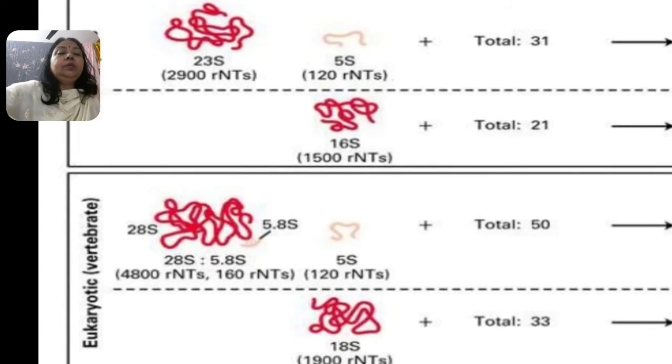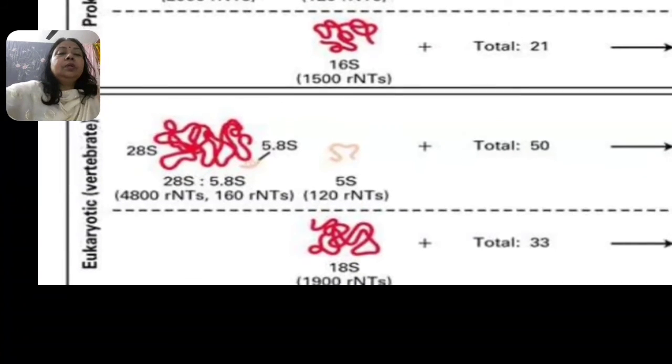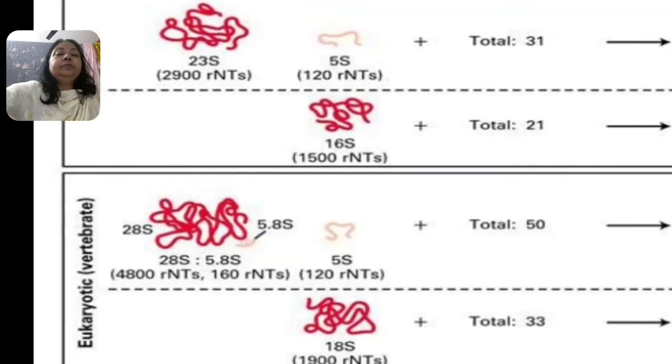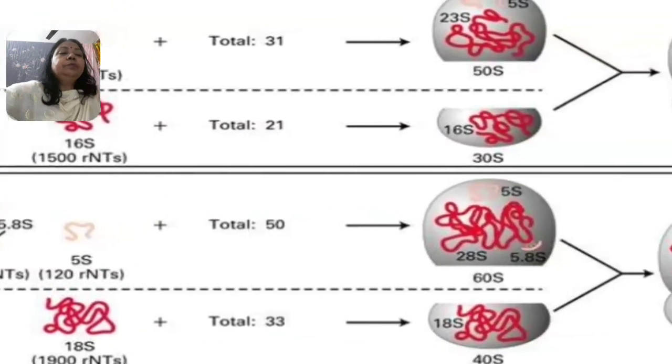In the eukaryotic cells, it is quite large, and it is made of 28S and 5S RNA. You can see 4800 nucleotide bases and 160 ribonucleotide bases together with the binding of protein.